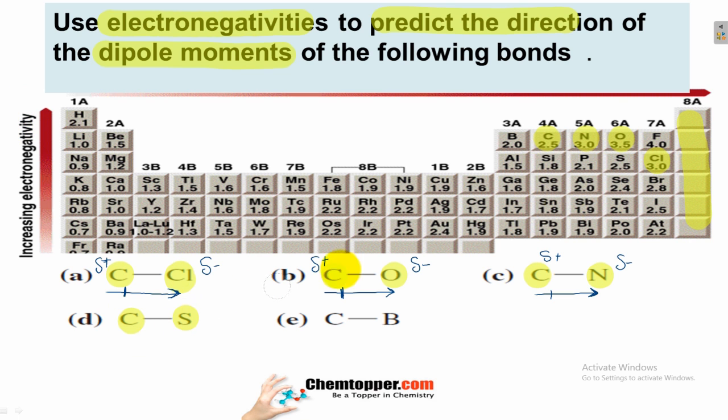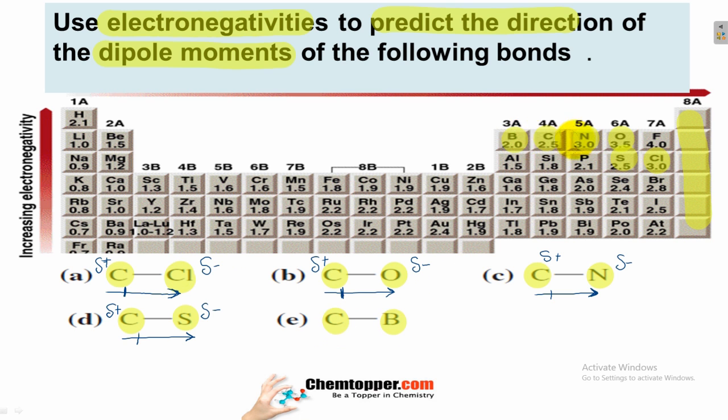Similarly, the carbon and sulfur bond. Sulfur is closer to the noble gases, so sulfur is considered to be more electronegative than carbon. There is a partial negative charge on the sulfur and a partial positive charge on the carbon. The bond dipole is represented by an arrow. The tail of the arrow is pointing in the direction of the less electronegative carbon and the tip pointing in the direction of the more electronegative sulfur atom.